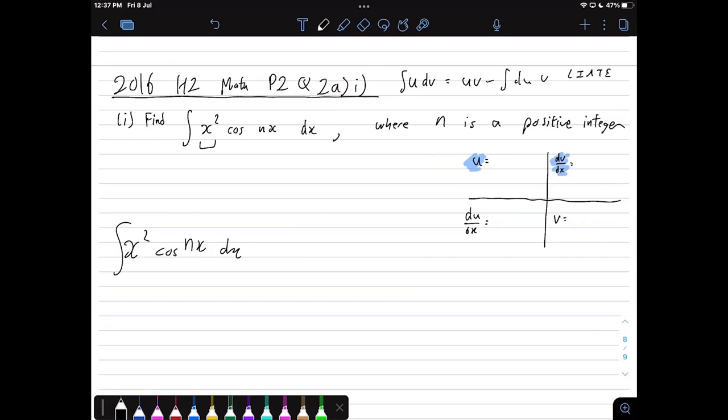L or I or A or T or E? The algebraic. Cosine nx is the trigo. So who should be u, who should be dv? Remember dv by dx, you need to integrate. Choose wisely. Which one do you want to integrate? The algebraic one.